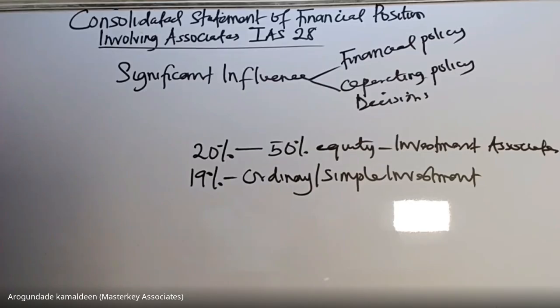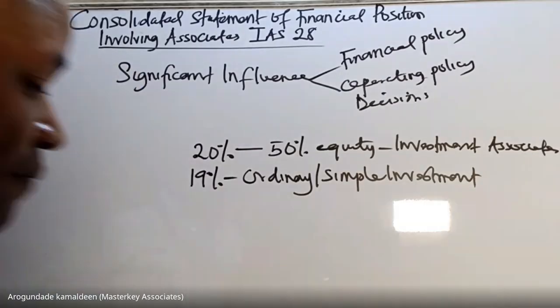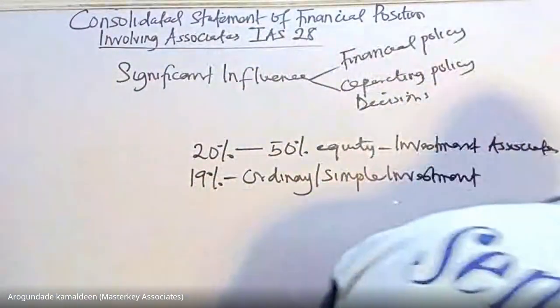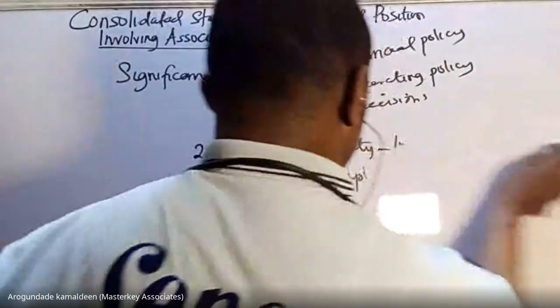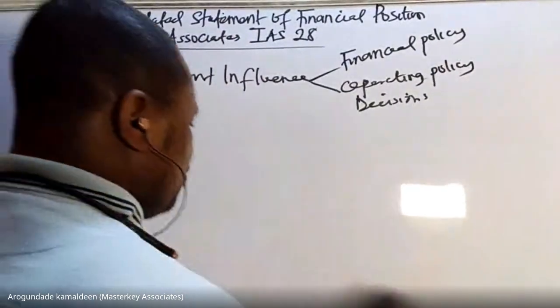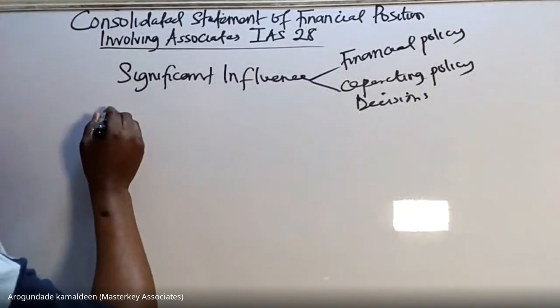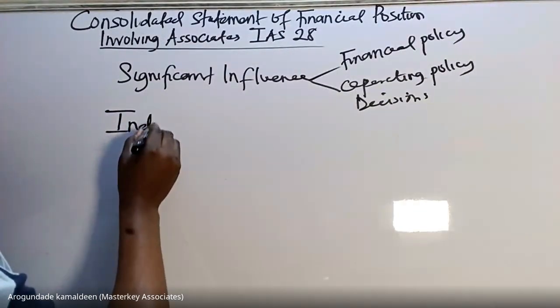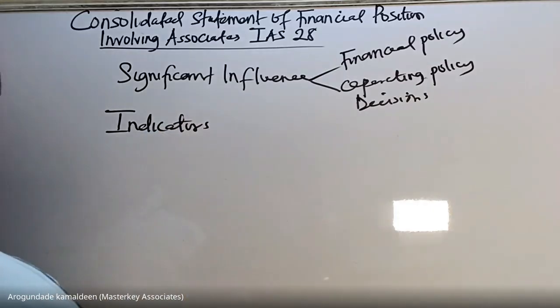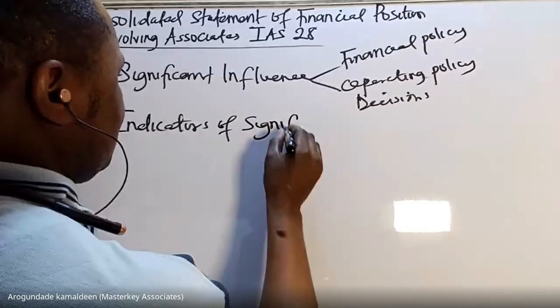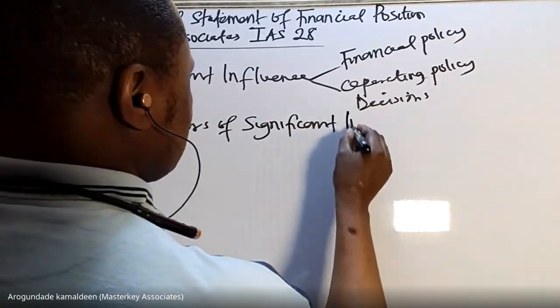Like I said earlier, according to IAS 28, which is the standard on investment in associates and joint ventures, the standard has given us detail of what you need to know. Let's look at the indicators of significant influence.